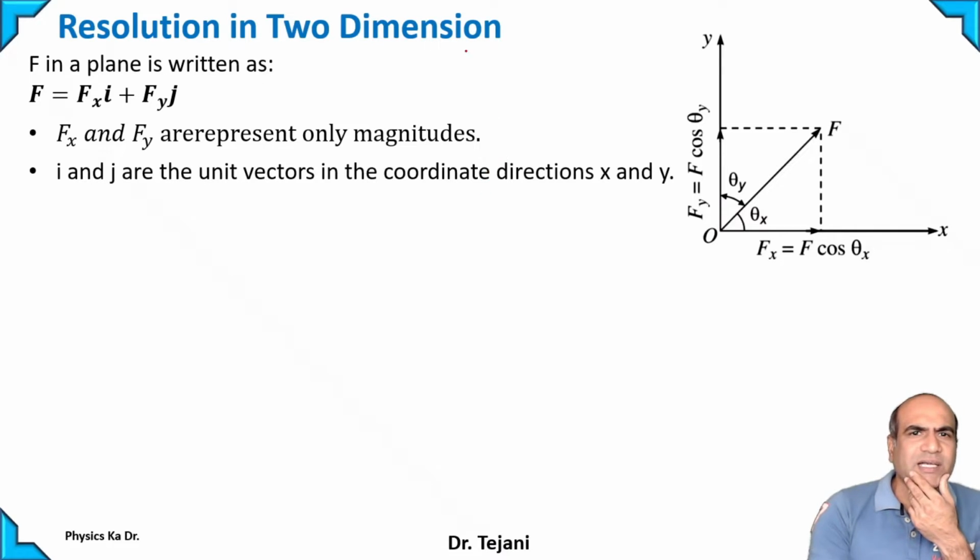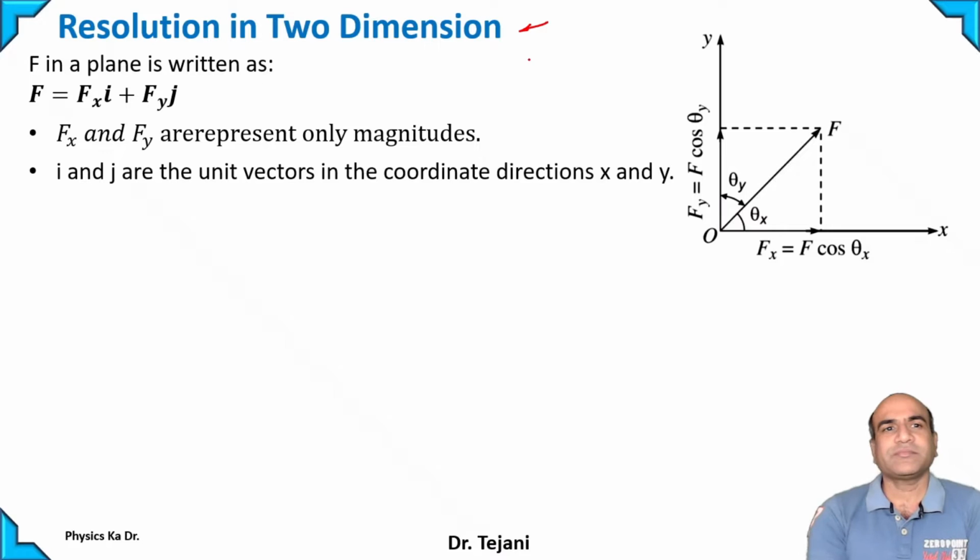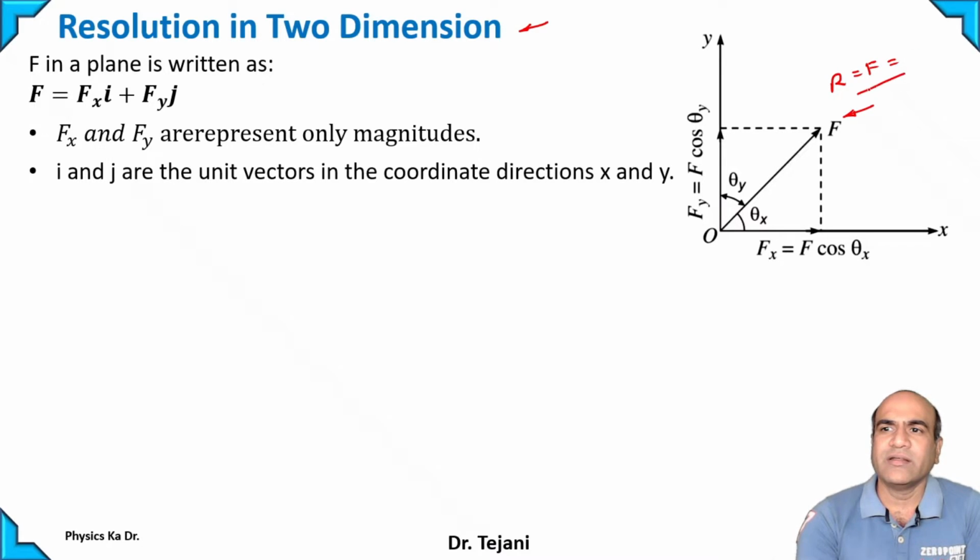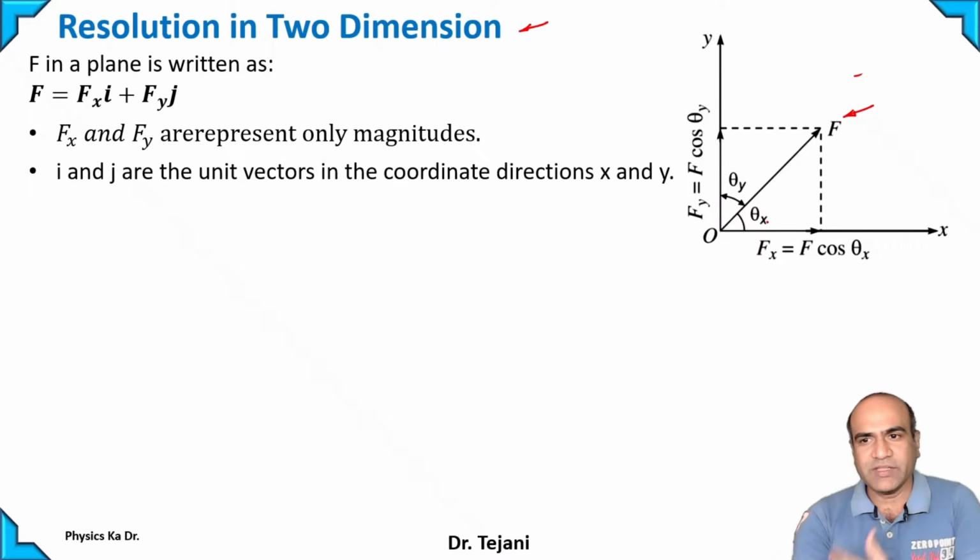So now let us start with resolution in 2D only. Here if we need a resultant, we could write R or F or whatever, depending on our application. So this is a resultant. Say for example, this angle is theta with respect to x.